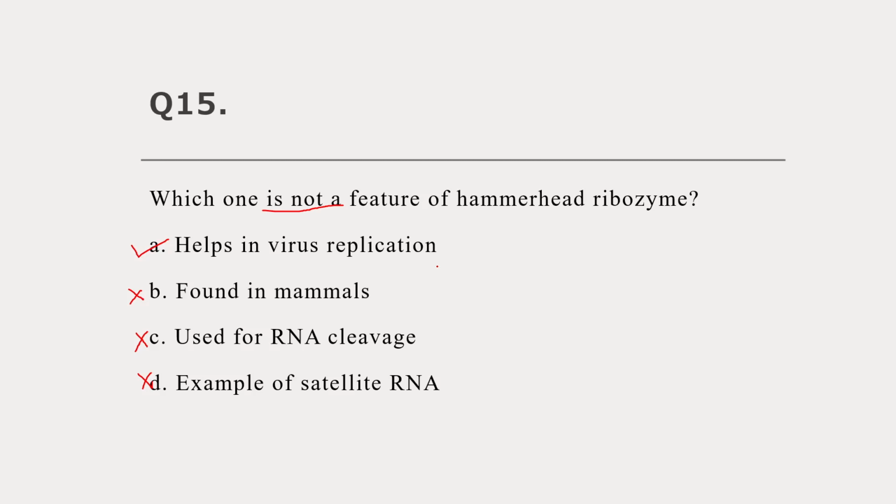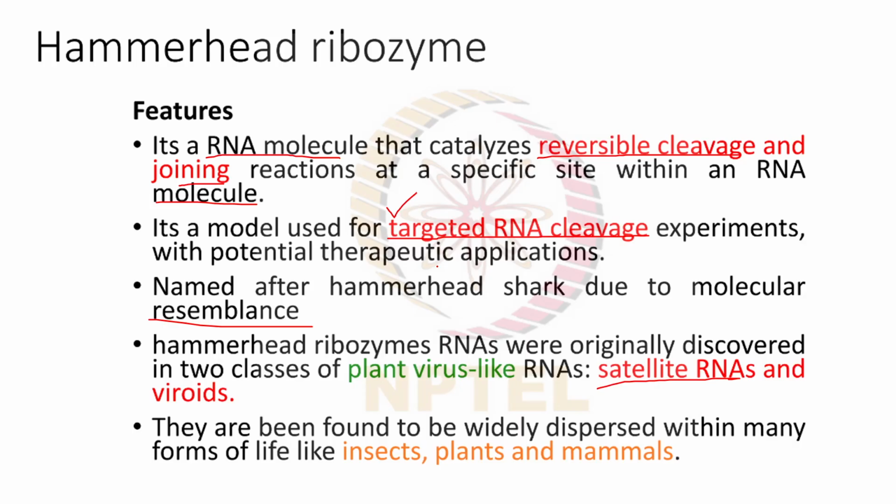Okay, so now we have discussed different forms of ribozymes. Basically today's session was about RNA as enzymes, that means ribozymes, and there are two classes of ribozymes, where one is metalloribozymes, which includes ribonuclease P and self-splicing introns.